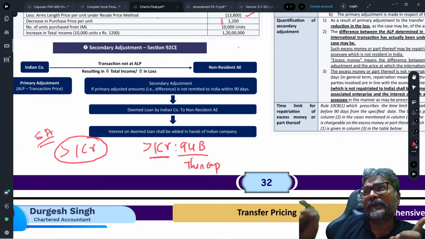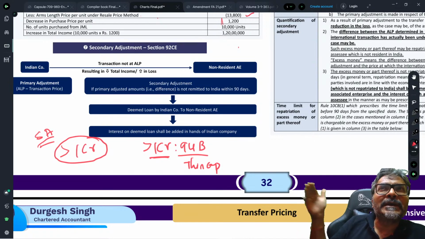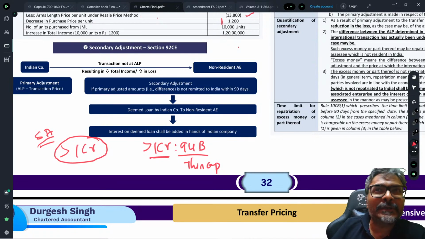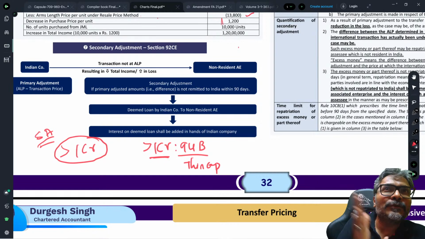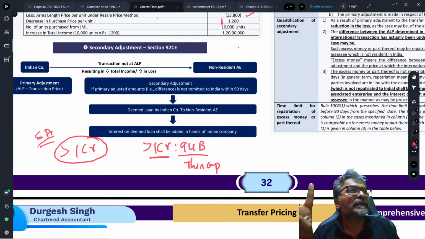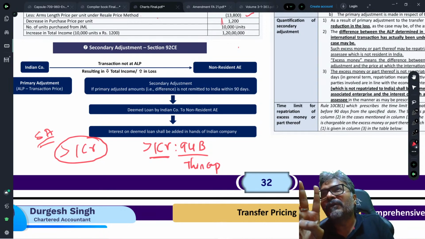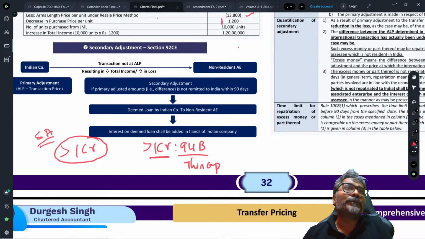Then the consequence will be secondary adjustment, meaning the addition of notional interest in the total income. That notional interest is based on 2 factors: number 1, the rate of interest, and number 2, the date from which the interest will be computed. The first one would be the rate of interest.